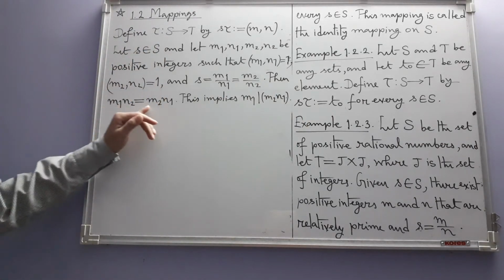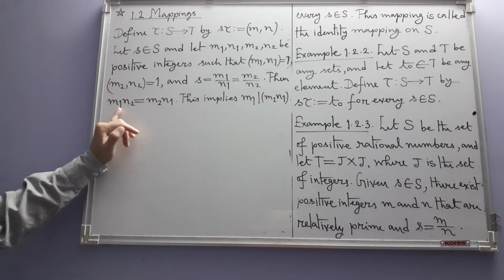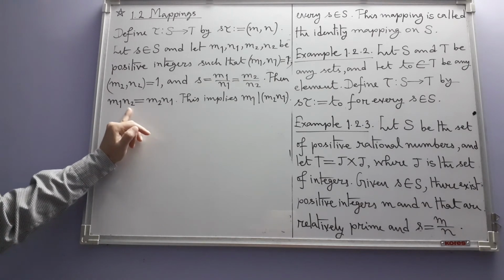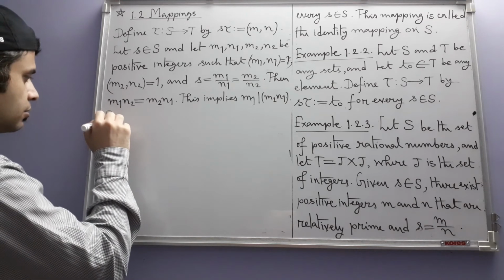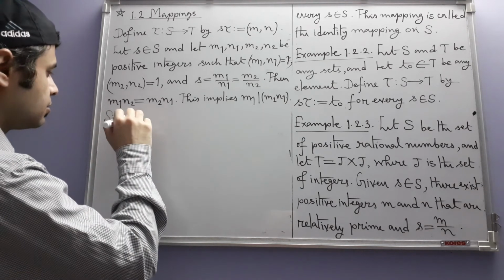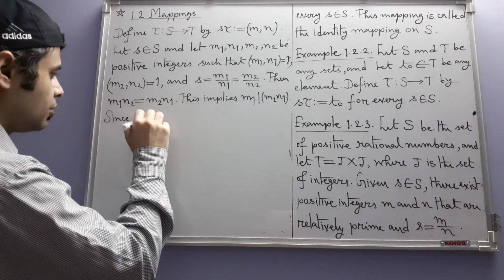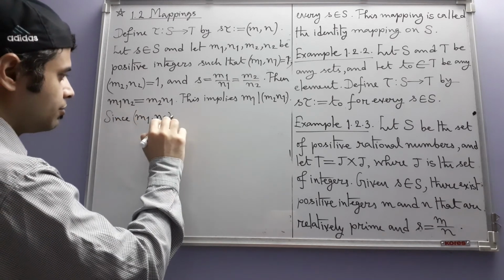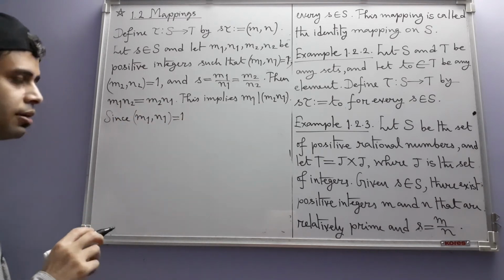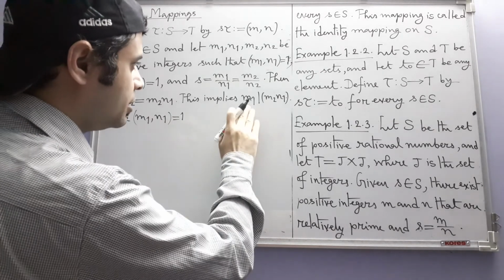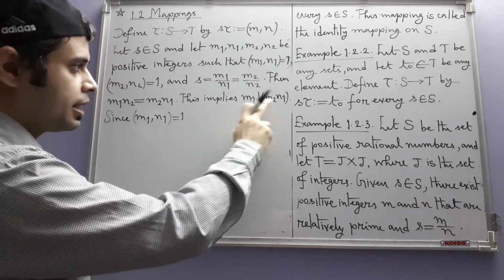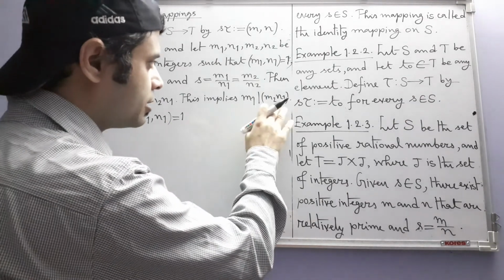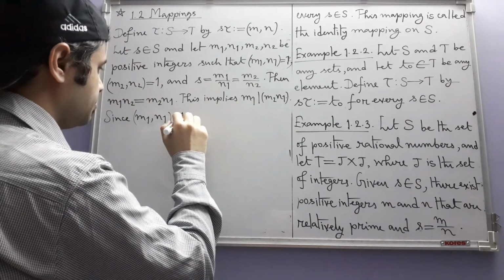Because m2 n1 is an integer multiple of m1, n2 is an integer, so that's why. Now, since m1 and n1 are relatively prime, from a property of divisibility of integers, m1 has to divide m2, because it cannot divide n1, there being no common factor.